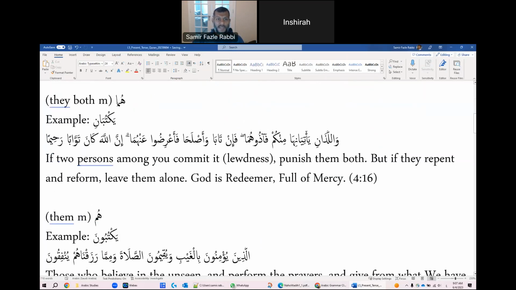And then they both, male, huma, that's the pronoun, yaktubani. And then in this verse, واللذان يأتيانها منكم فآذوهما فإن تابا وأصلحا فأعرضوا عنهما إن الله كان توابا رحيما.